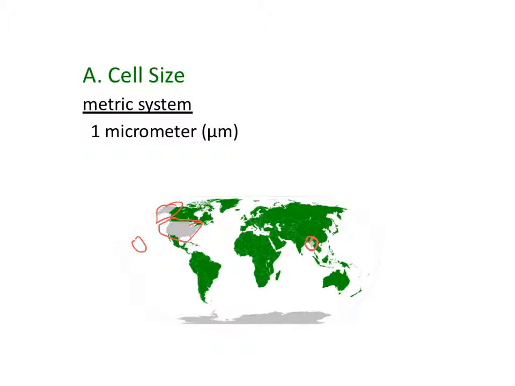So when we talk about cell size, we are going to be talking about a micrometer, and a micrometer is 1/millionth of a meter, or a 1,000th of a millimeter.